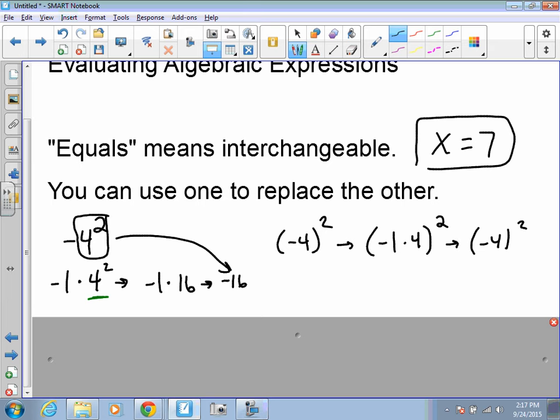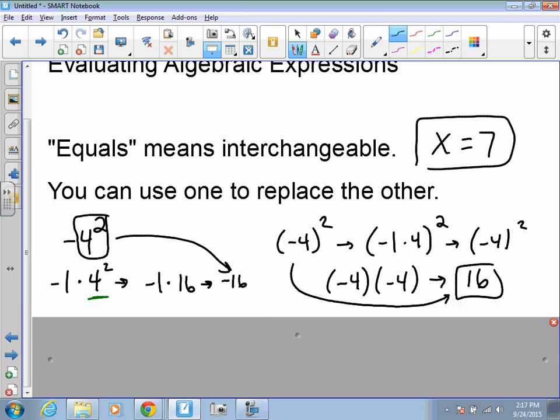Well, -4 squared, remember, is the same thing as -4 times -4. And we know from previous experience that when you multiply two negative numbers together, you get a positive result. So this becomes positive 16. If you look, very subtle differences with parentheses. One gives you a positive and one gives you a negative.